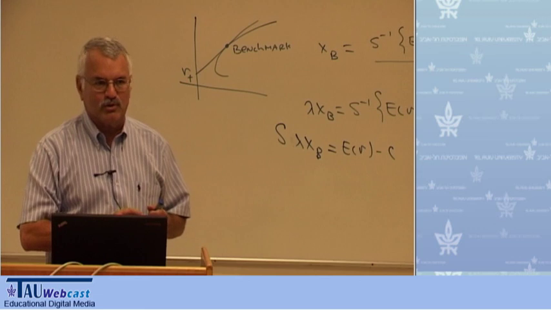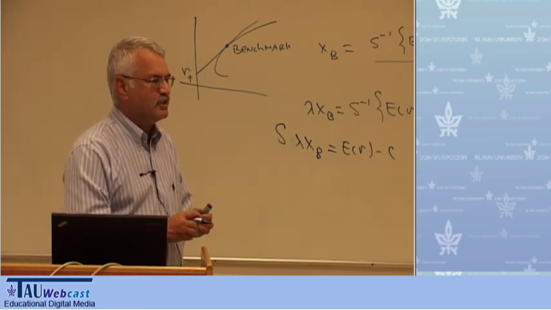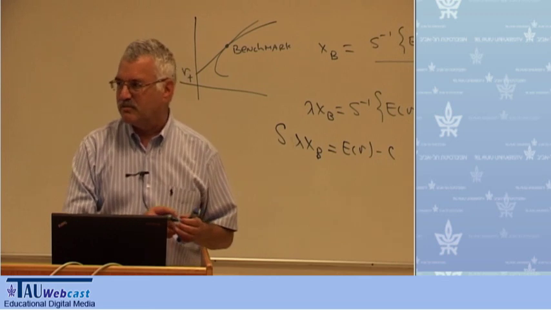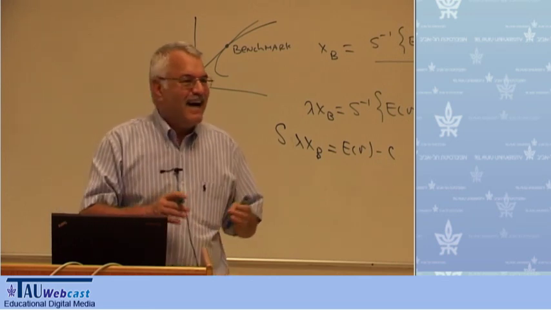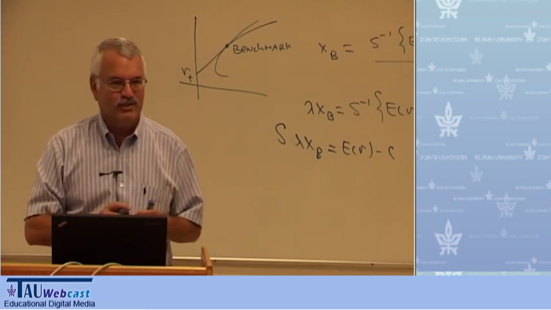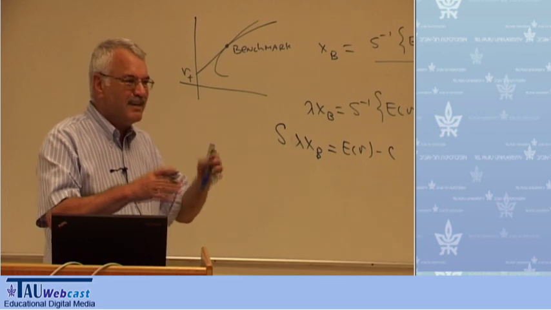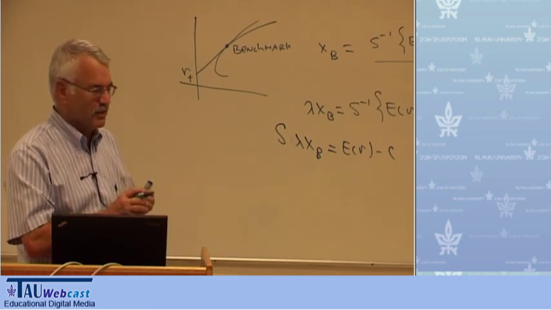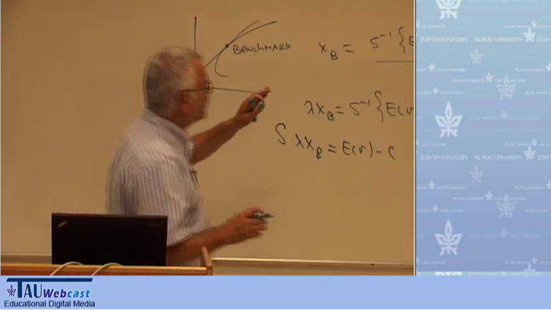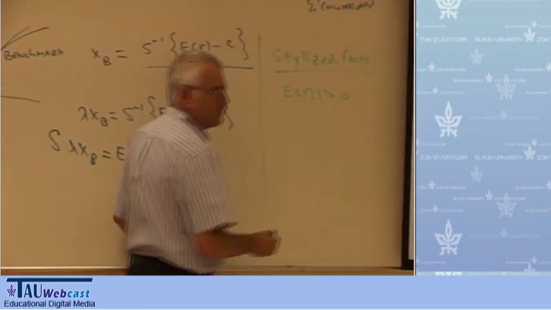When I used to teach that course, I would always give the example of a law firm that specializes in bankruptcies. I looked for that law firm once on the New York Stock Exchange and I couldn't find it. Sometimes people say gold. It's hard to find negative beta stocks. Okay, so one stylized fact is the expected return should be greater than 0.